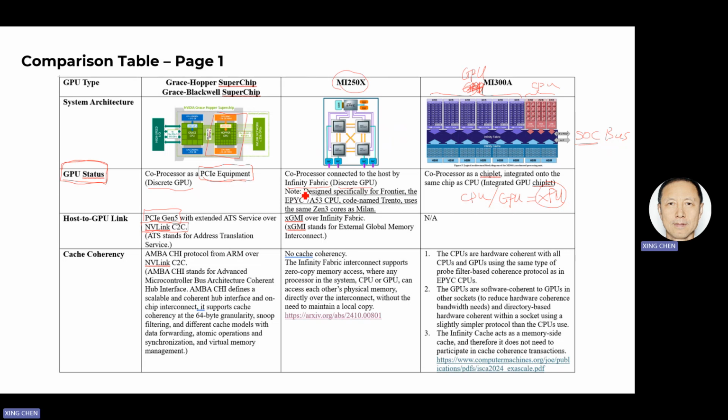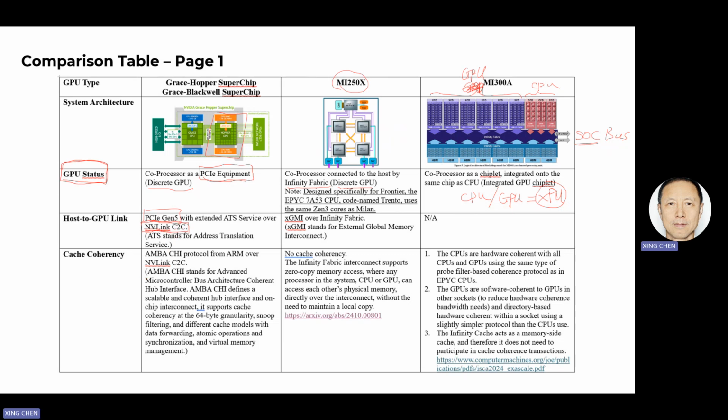Let's continue. The GraceHopper system is connected to the host as a PCIe equipment. Here we have this NVLink C2C, which is the low layer connection. But on top of this NVLink, the protocol is PCIe generation 5.